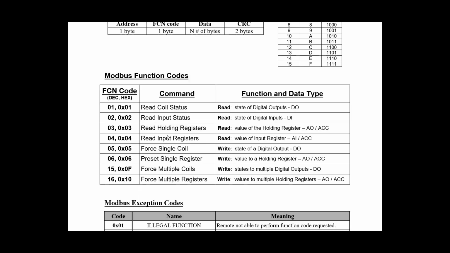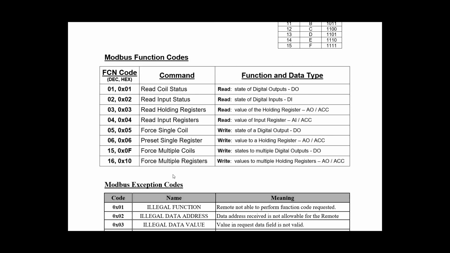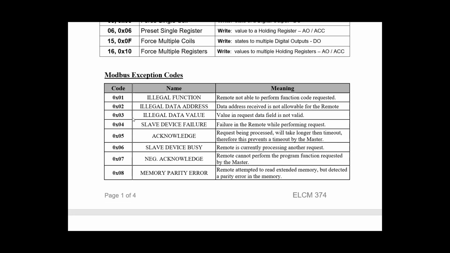The exception code itself, which you'll find here as a 1 byte value, these are all 1 byte values. These will be placed in the data field right up here when the response comes back. So there'll be a flag here, and then the actual exception code saying what the server didn't like, or what the remote or the slave didn't like, will be found in the data field. So that's going to be a 1 byte data field where it contains the exception code.